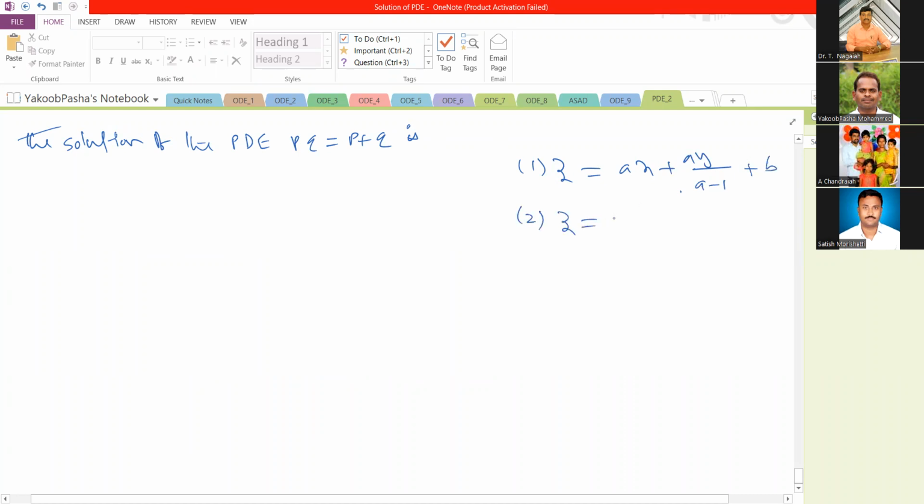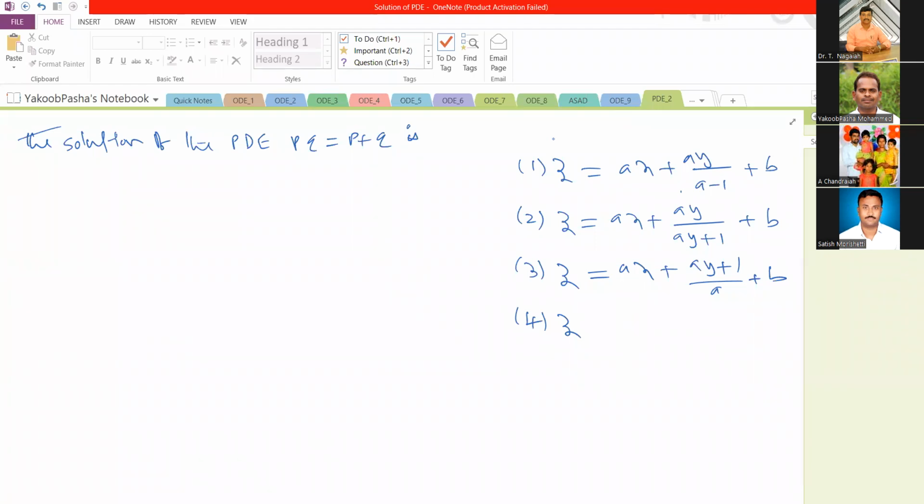Second option: z is equal to ax plus ay by a plus 1 plus b. Third option: z is equal to ax plus ay plus 1 by a plus b. And fourth option.